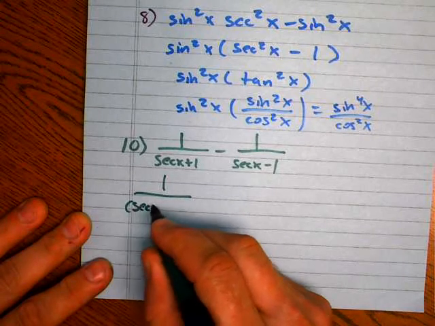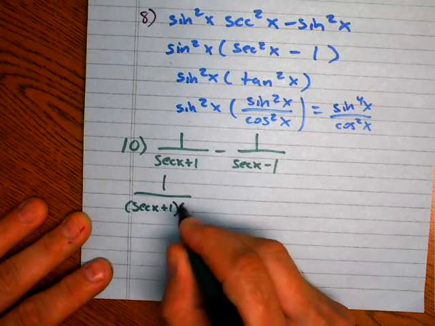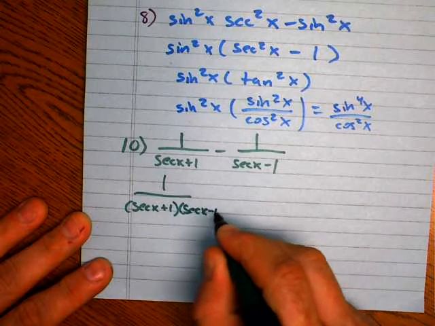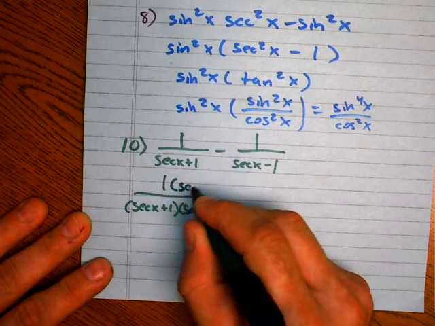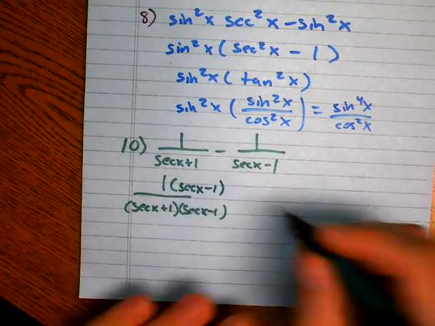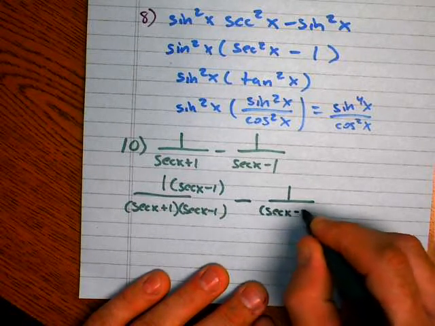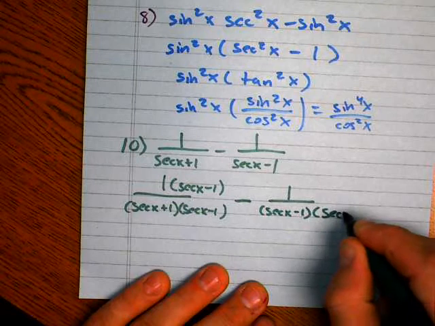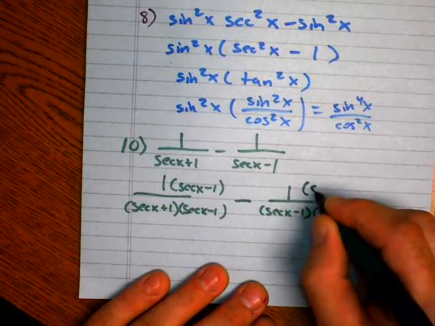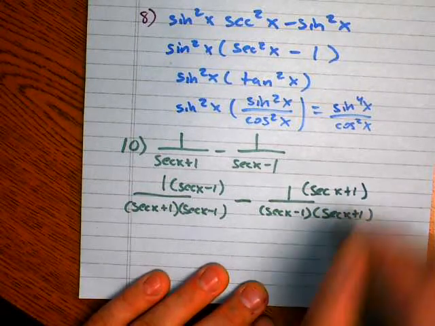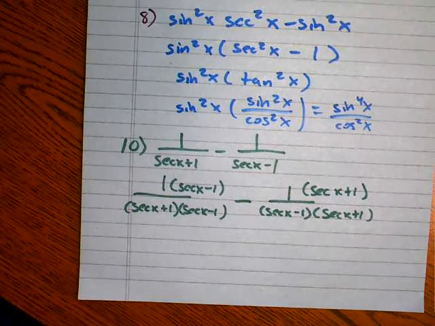I've got a secant x plus 1. I know I need a secant x minus 1 on top and bottom. Minus 1 over secant x minus 1. And then over here I need a secant x plus 1 on the top and the bottom. Okay? That's what's happening.